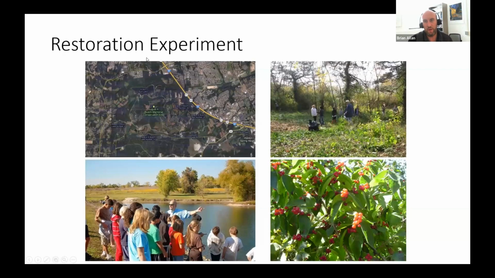So our next question was, well, what if you remove honeysuckle? Because honeysuckle is one of the really noxious invasive species that is often targeted for invasion control. And so our next question became, if you remove honeysuckle, do you reduce tick-borne disease risk? And so we chose one of the sites within the St. Louis area. This is Bush Memorial Conservation Area, managed by the Missouri Department of Conservation.